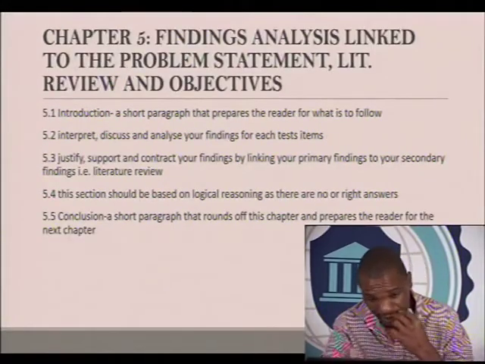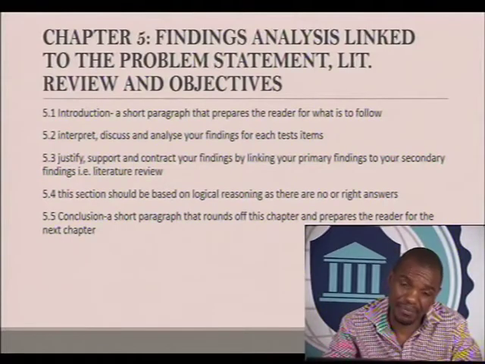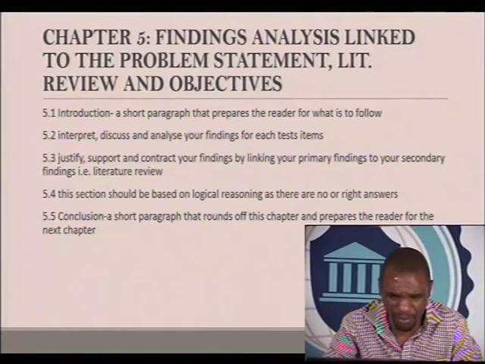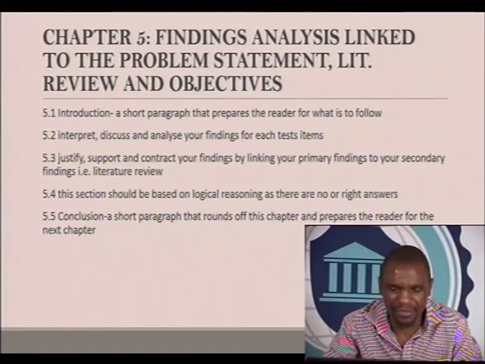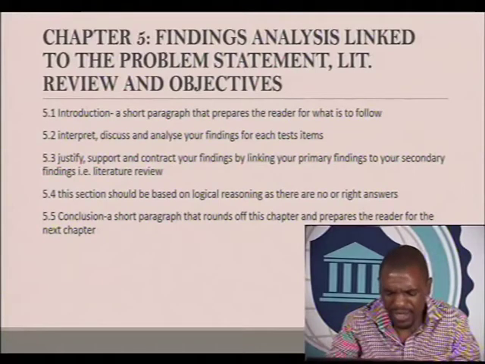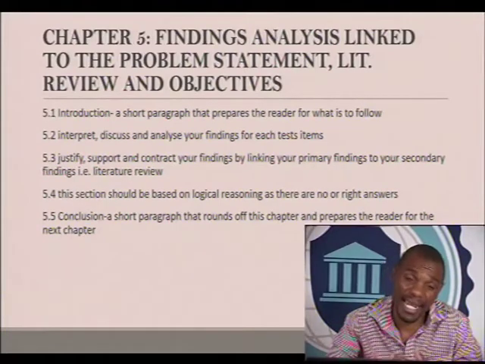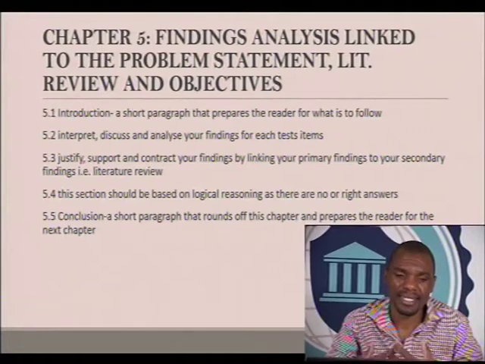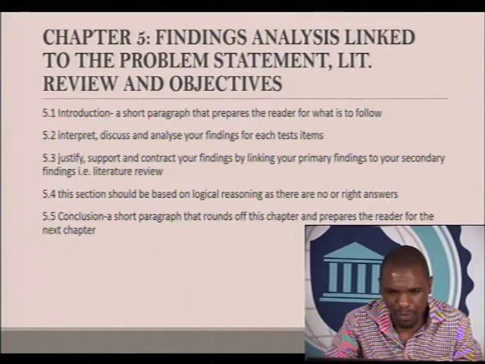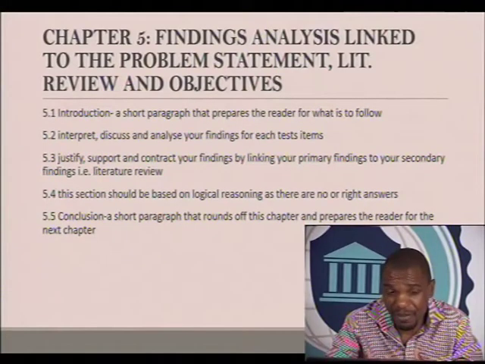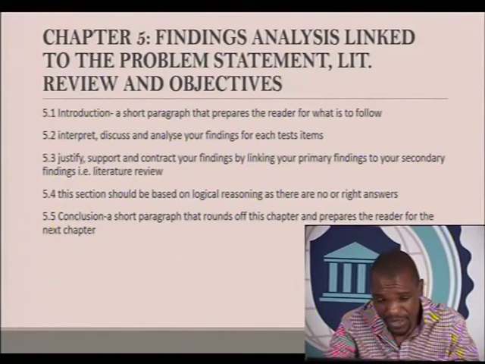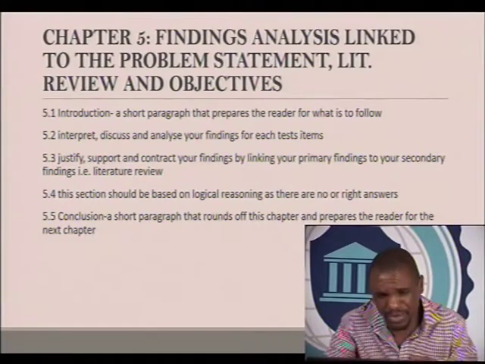Then chapter 5, this is where we do analysis. Here we talk about findings and analysis linked to the problem statement, literature review, and objectives. So now remember, when you do research, another definition of research which I like so much talks about research as searching and searching again. So remember, this is a scientific process and it's very objective. So in chapter 5, you are going back to your literature.